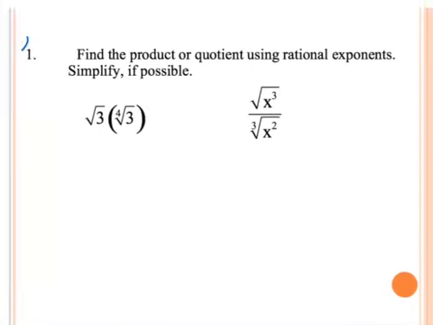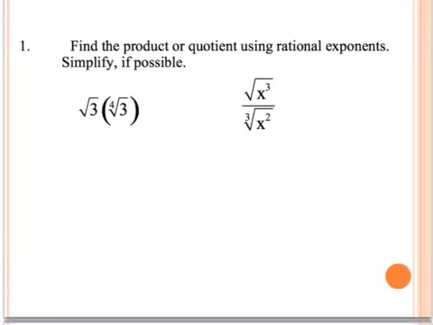Okay, problem number 3. It says find the product or quotient using rational exponents. Simplify if possible. So if I'm going to use rational exponents, I do not want radicals. So we need to get rid of them. And remember, your index is your denominator for rational form.